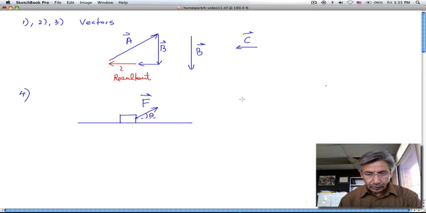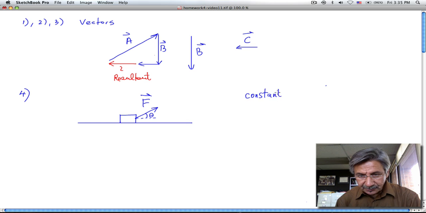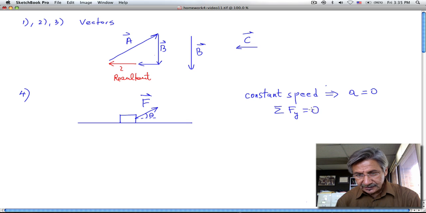And what is important is that you move this at constant speed. Constant speed means that the acceleration is 0, so the sum of the forces in the vertical direction is 0, as the sum of the forces in the horizontal direction is 0.